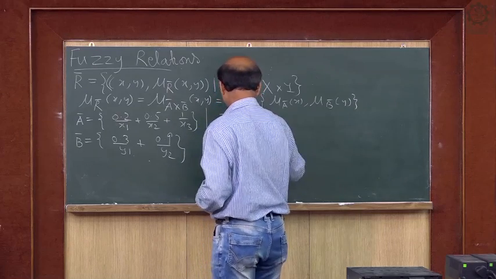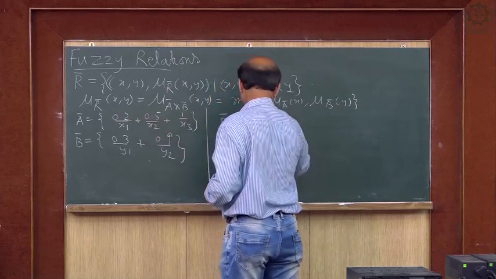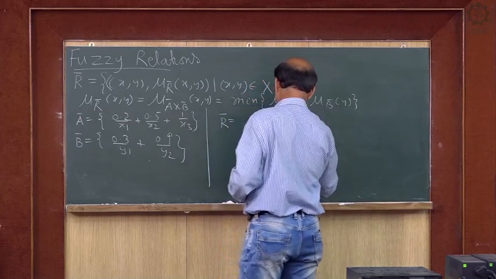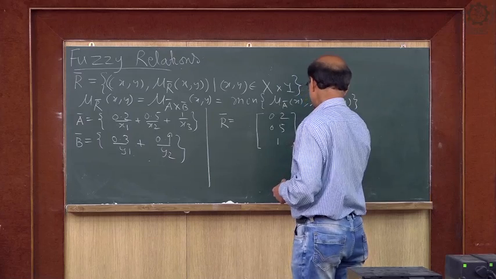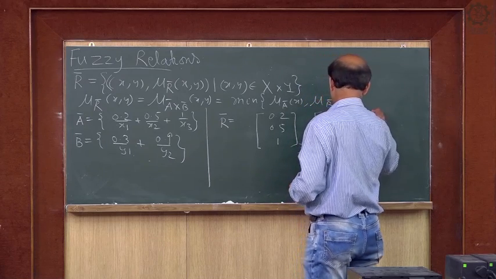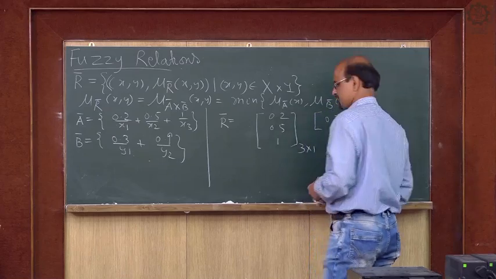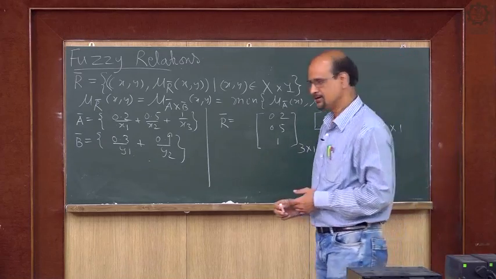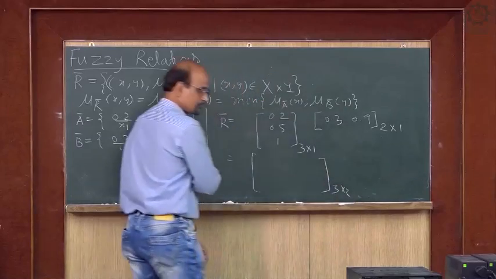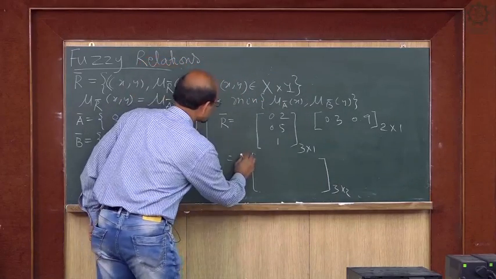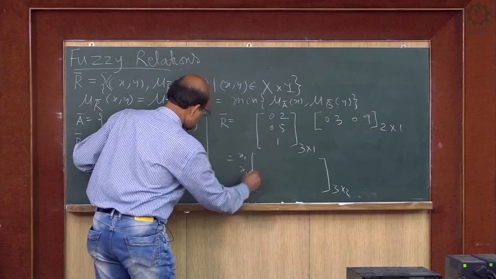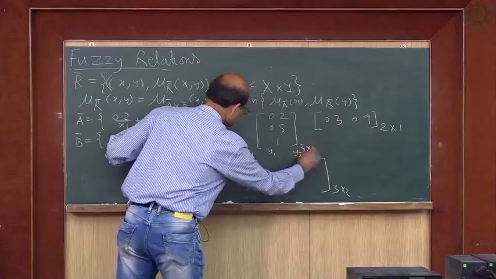So, I will write first this 0.2, 0.5, 1, this is your 3 by 1, and this for y, that is 0.3, 0.9, this is 2 by 1. Then we form the matrix as 3 by 2. For this I will write x1, x2, x3 and y1, y2.